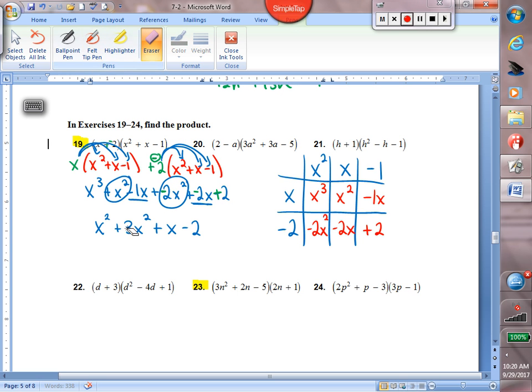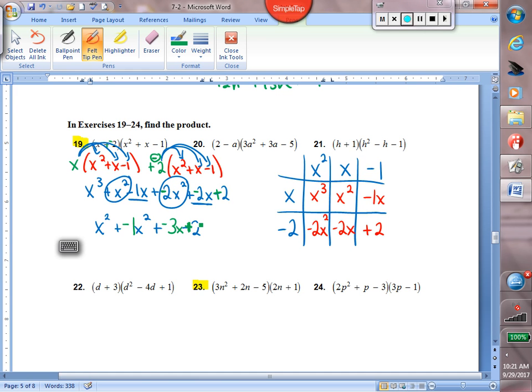So my end result should be negative 1x squared, and then a negative 3x plus 2.